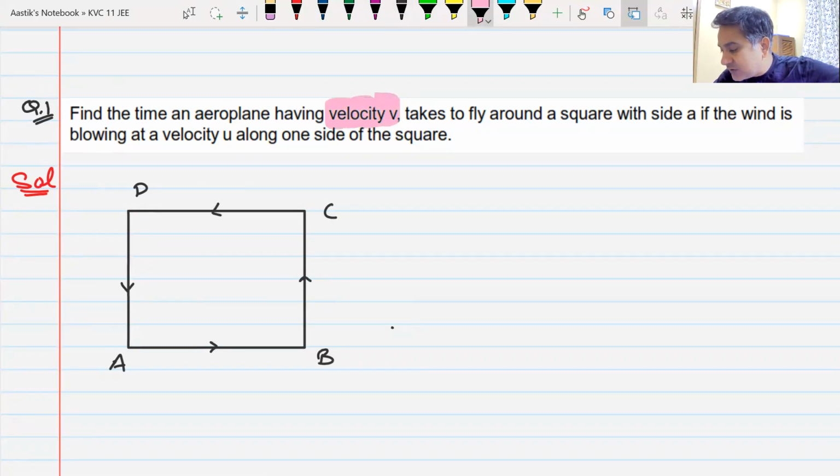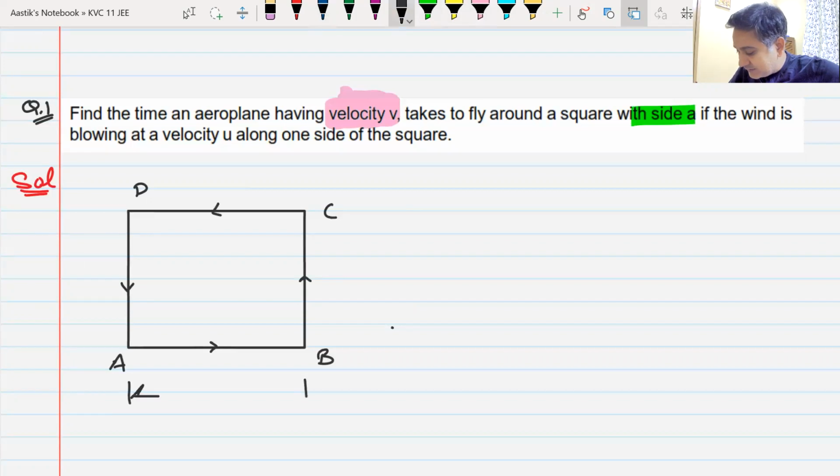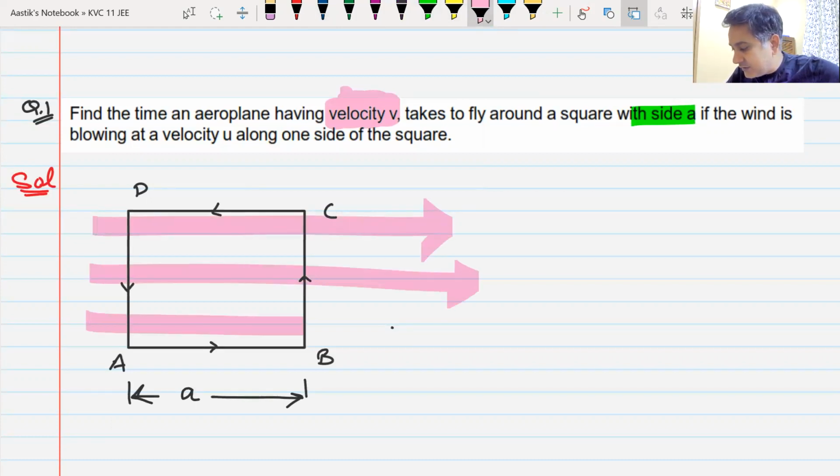That will be the velocity of the airplane with respect to wind. And this wind is blowing. The length of the side is A. So you must remember the length of the side is A. And the wind is blowing like this, along this side.